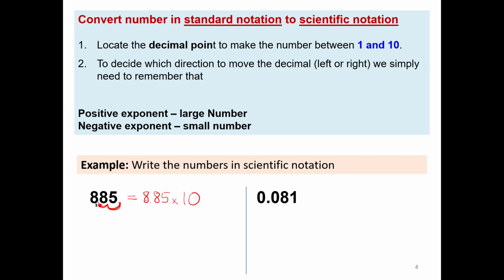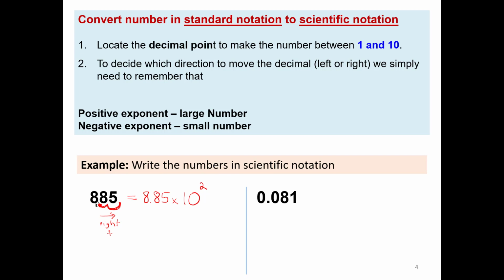How many places? 2. Why do we know 2 is positive? Because the number is larger than 1, it is 885. Or because we move the decimal point 2 places to the right.